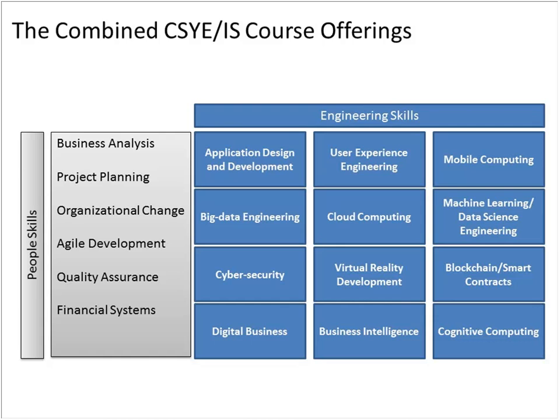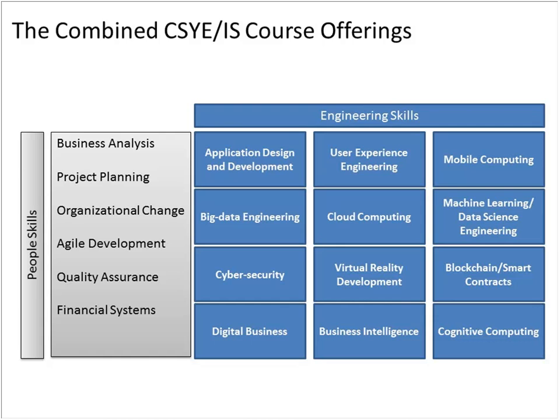How to build applications the right way: we have a number of courses in that domain. User experience engineering is huge for us. Mobile computing, machine learning and data science engineering, cloud computing, big data engineering, cybersecurity, virtual reality.